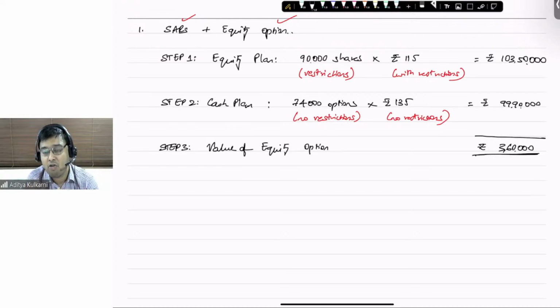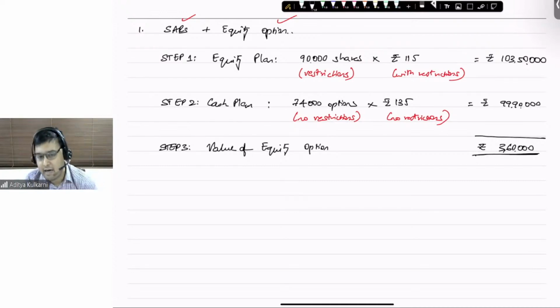This will be a gross understatement of liability in the vesting period. And therefore, the standard setters have agreed to be conservative in this case. Since the option lies with the employee, we will be treating it as a cash plan worth 99.9 lakhs with an equity option of 3,60,000.